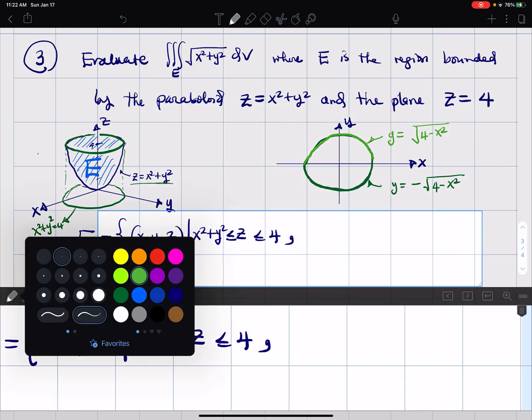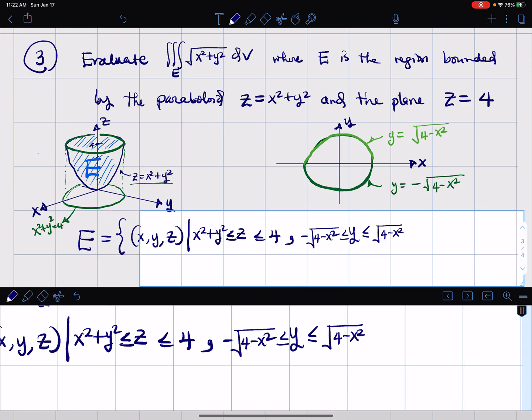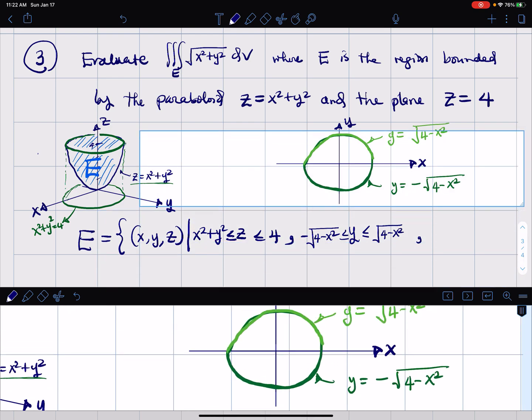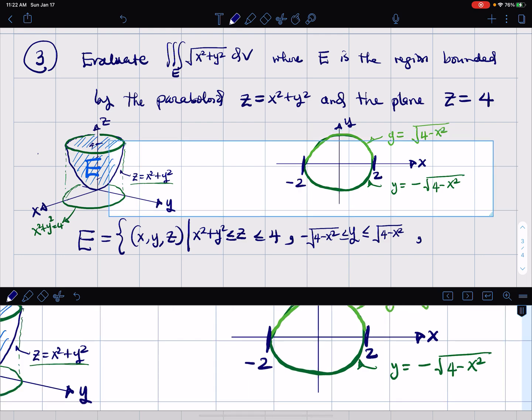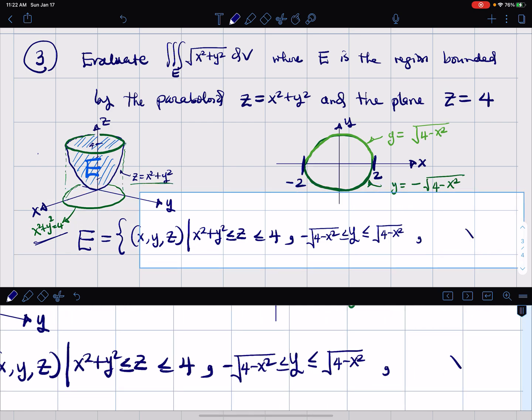So what do we have? We have that y is between negative square root of 4 minus x squared and square root of 4 minus x squared. See that? And then x goes from negative 2 to 2, because this is just a circle of radius 2.